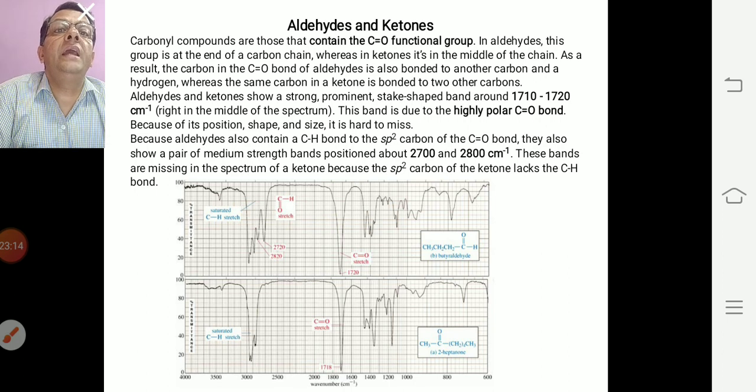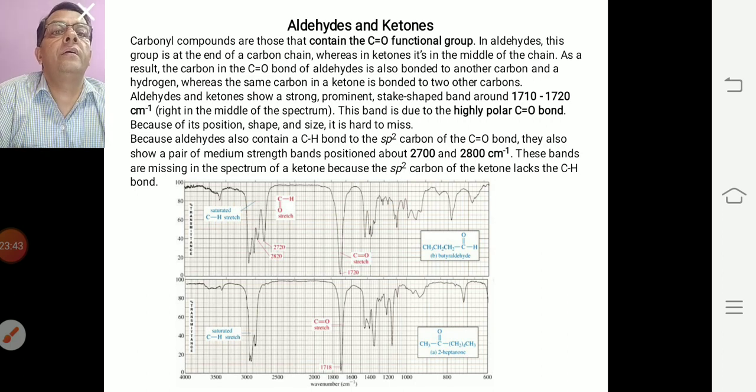Aldehyde also contains a CH bond to the sp2 carbon of the CO bond, and also shows a pair of medium strength bands at about 2700 to 2800 per centimeter. These bands are missing in the spectrum of ketone because the sp2 carbon of the ketone lacks the CH bond.